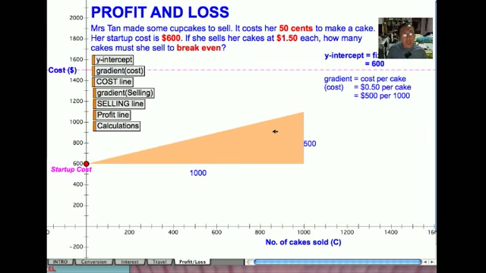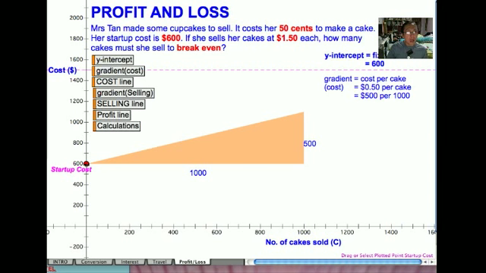This can be represented by a triangle. Once again, 50 cents is too small to indicate. Therefore, we are looking at $500 per 1,000 cakes, which is the same as saying 50 cents per cake.